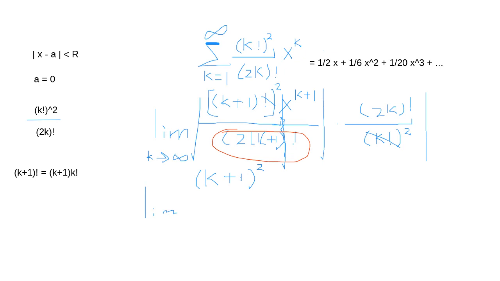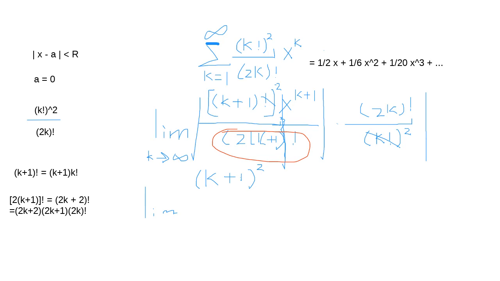What's this? Let's just simplify first. So 2k plus 2 factorial, right? That one can be written right down here as 2k plus 2 times 2k plus 1 times 2k factorial.